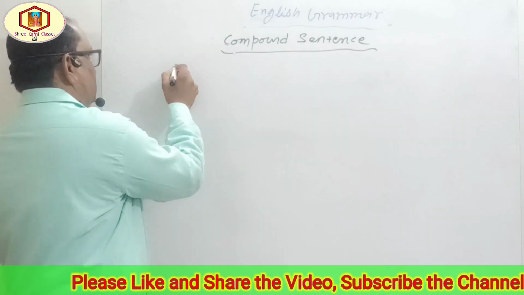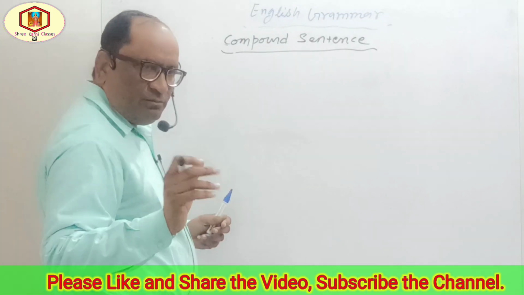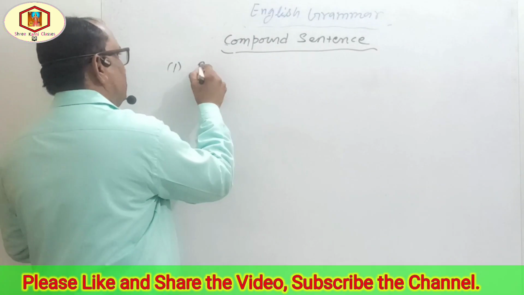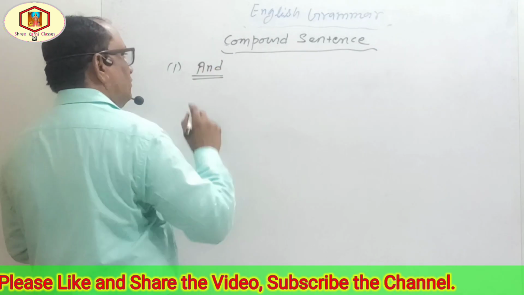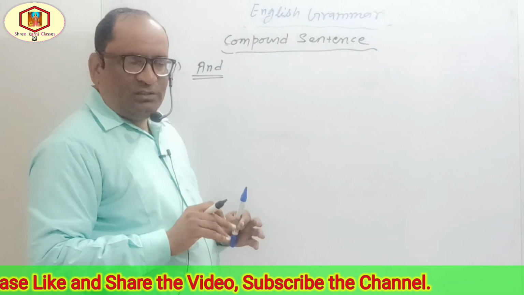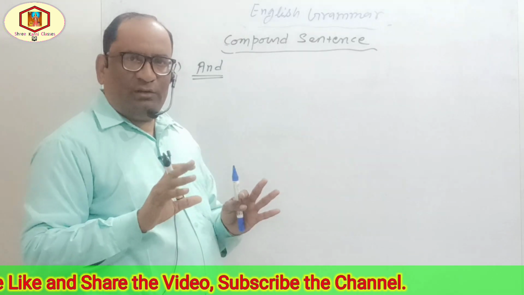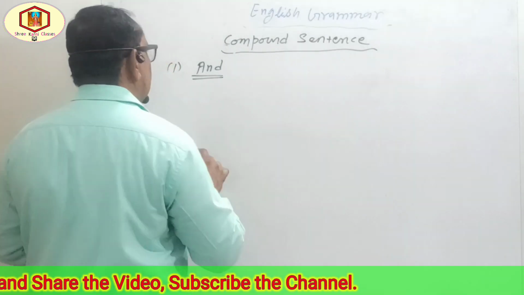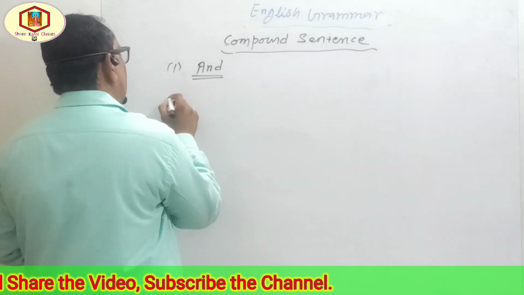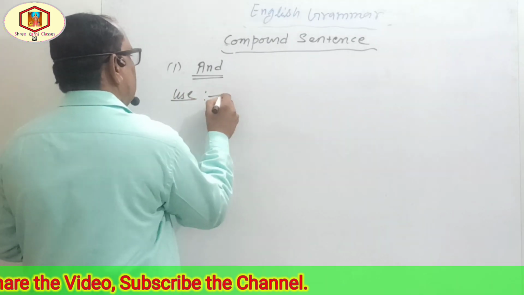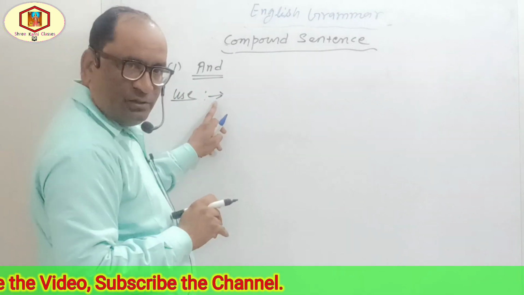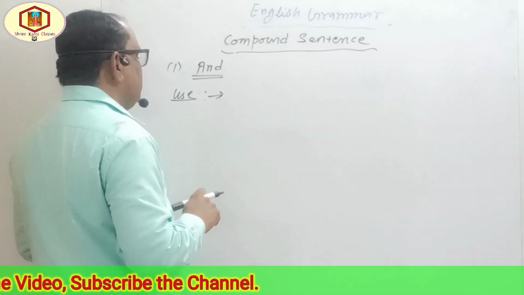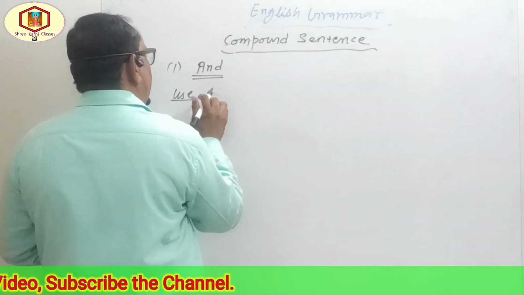First compound conjunction, write first compound conjunction: and. First compound conjunction is and. Write use of and.